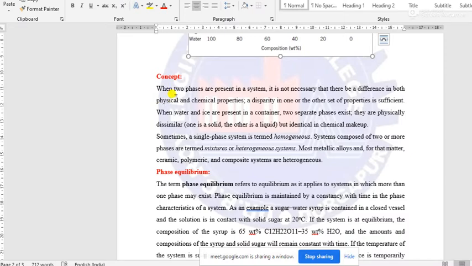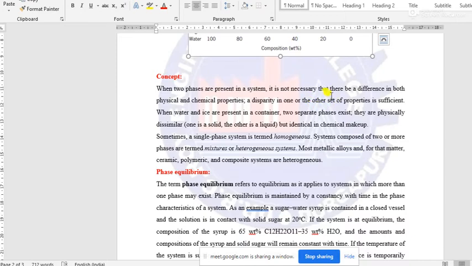That means when in a sugar syrup solution the solubility limit is not reached, obviously that solution is not a multi-phase system, that is a single phase system, that is one phase.